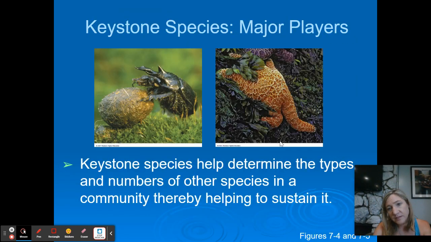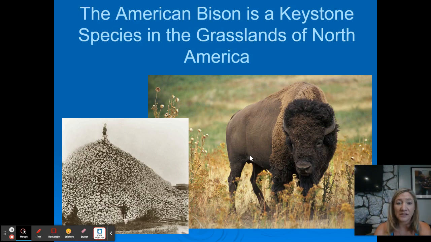The sea stars community is being affected because their keystone species was wiped out by humans. And by the way, not starfish, sea stars is their technical name. Starfish drives me nuts. And the sea urchins are all out of balance because the sea otters were eliminated. The sea otter being the keystone species messed up the whole ecosystem balance in that example. We'll talk about that more later as well.